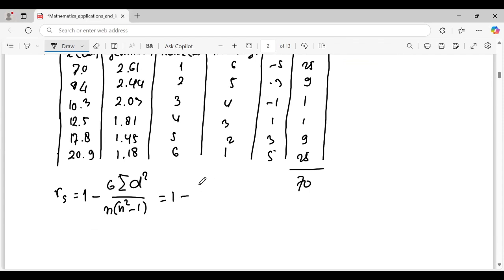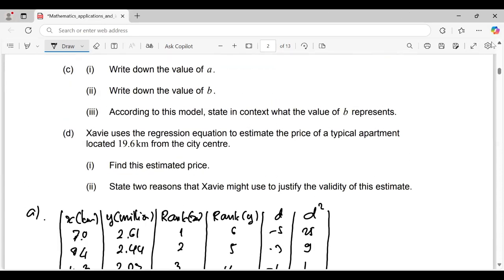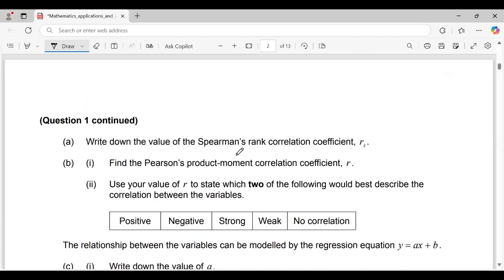It means 1 minus 6 times 70 over 6 times 36 minus 1. That is 1 minus 70 over 35, 1 minus 2, which is minus 1. This is the correlation according to Spearman's rank correlation coefficient.